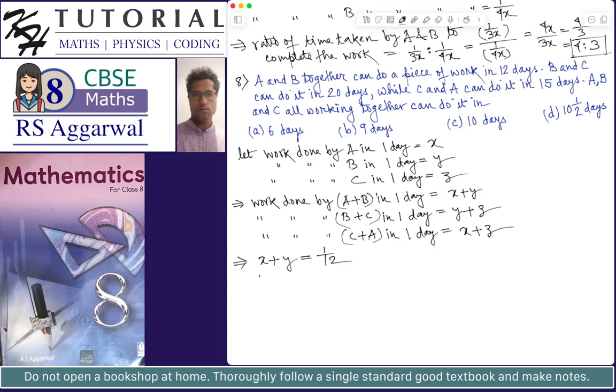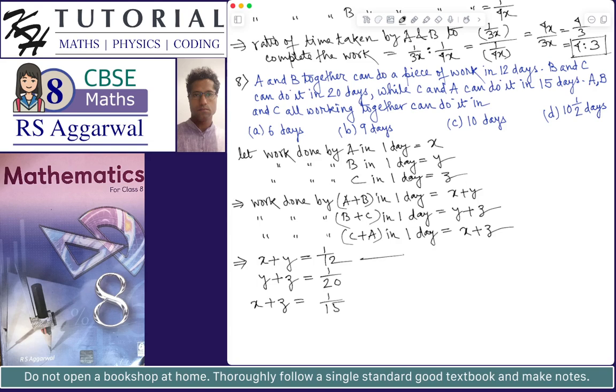Also, Y plus Z is the work done by B plus C in 1 day, and B and C can do it in 20 days, so Y plus Z is equal to 1 by 20. And then we have X plus Z is equal to 1 by 15.